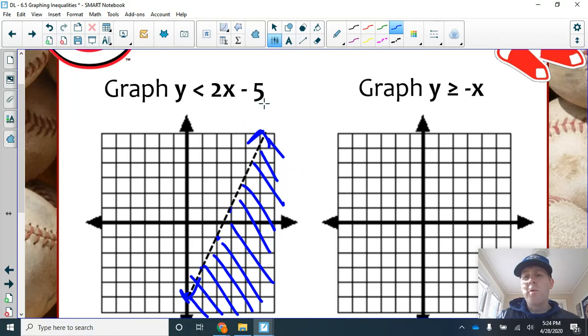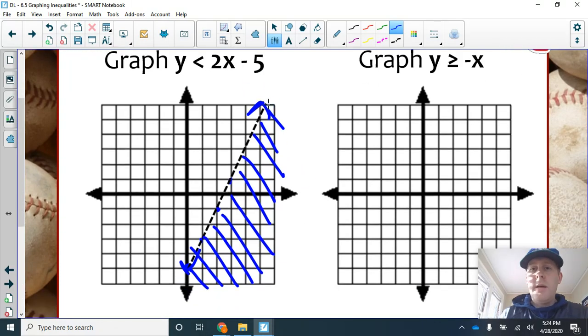Next one, y is greater than or equal to negative x. Again, it's not written here, but its y-intercept is 0, so it crosses at the origin. Slope is -1, so I go down 1 over 1, down 1 over 1, down 1 over 1. All right, y is greater than or equal to.